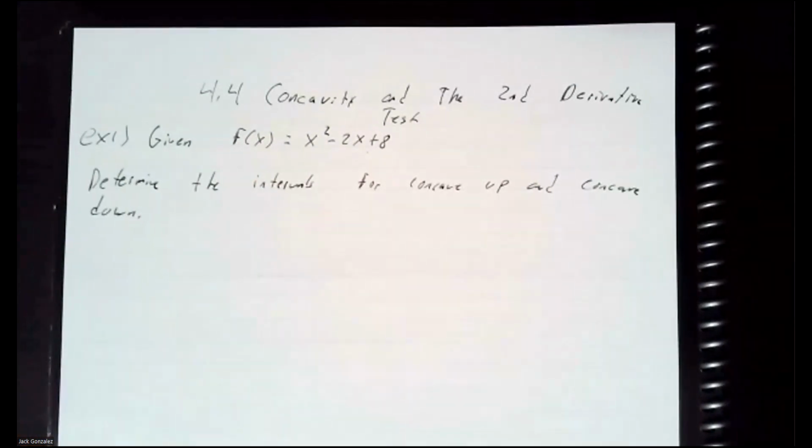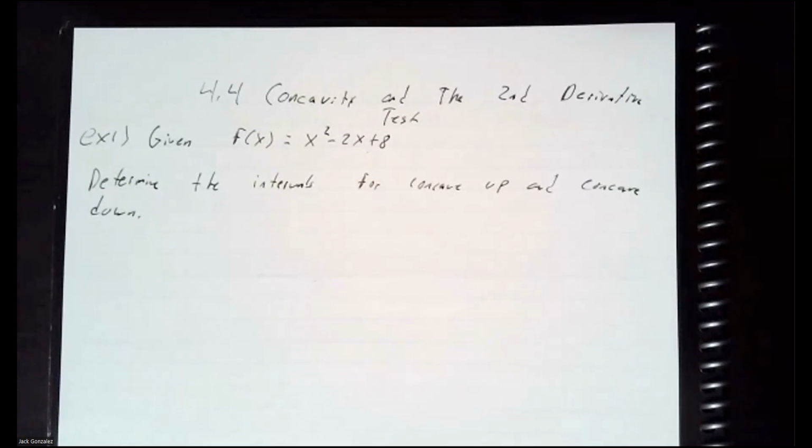So the first derivative test, we use the first derivative to find out increasing and decreasing. The difference with this guy is the second derivative tells you where you're concave. So it's almost exactly the same, except you get different information and use the second derivative.